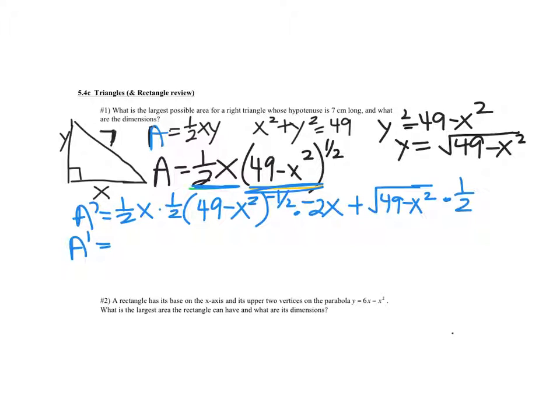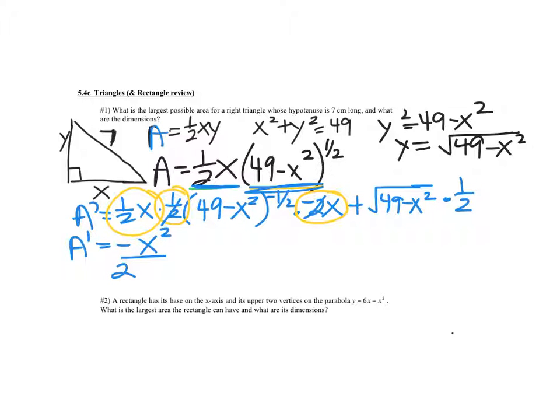Over here, I have a 1/2 x times a 1/2 times a negative 2x. So what that does is that will give me a negative, one of the 2's will reduce with a 1/2, negative x squared over 2.